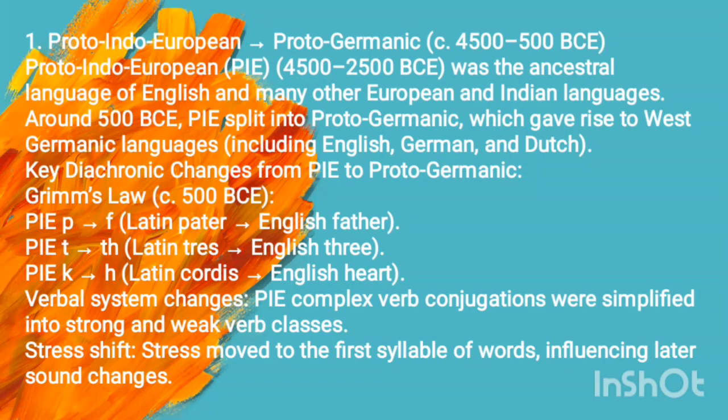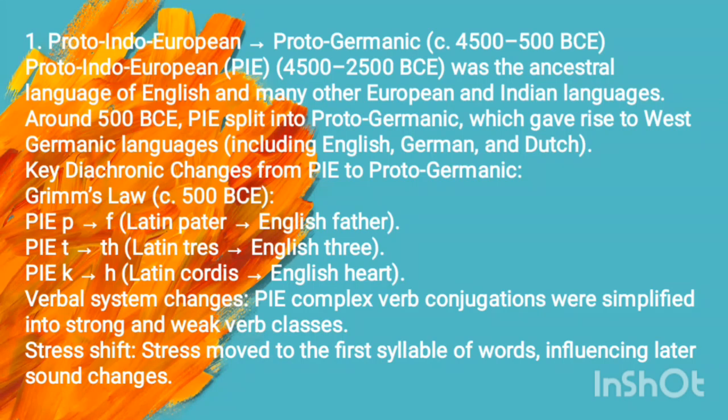We start from Proto-Indo-European to Proto-Germanic, that is 4500 to 500 BCE. Let's see Proto-Indo-European, 4500 to 2500 BCE. Proto-Indo-European was the ancestral language of many modern languages, including English, Latin, Greek and Sanskrit.